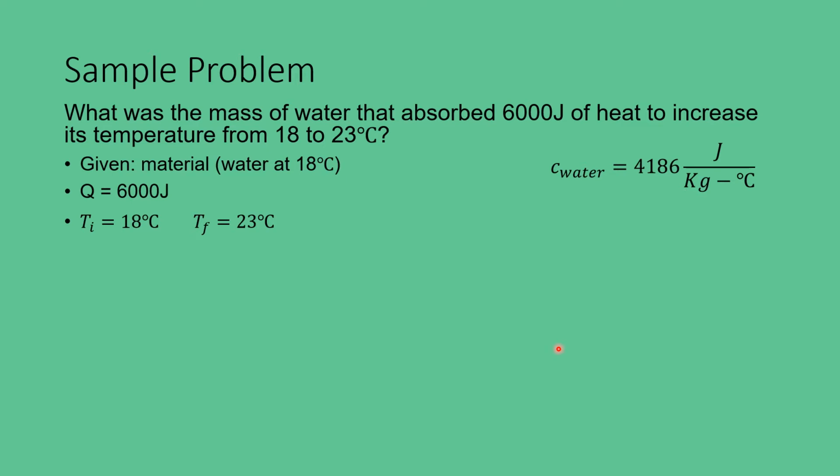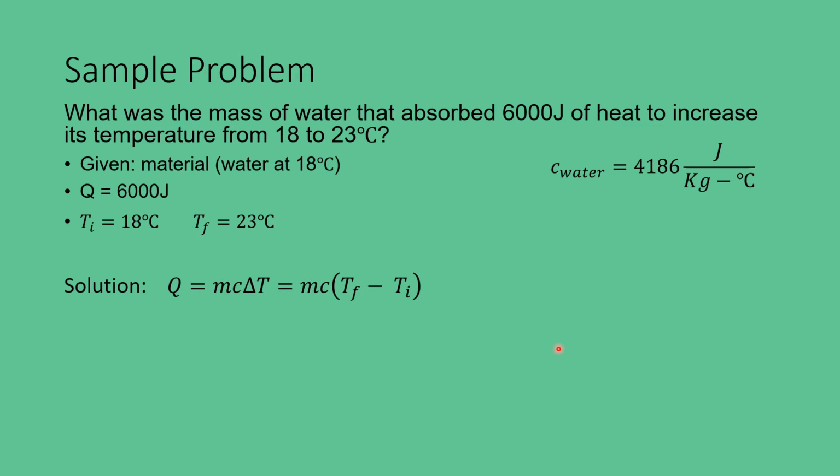To solve for the mass of water, let us begin from the formula Q equals mc delta T, where delta T is also the same as change in temperature, or that is final temperature minus the initial temperature.